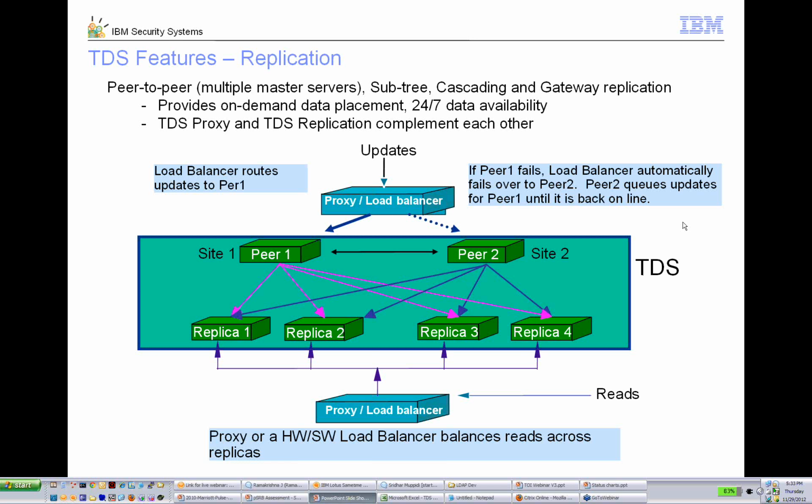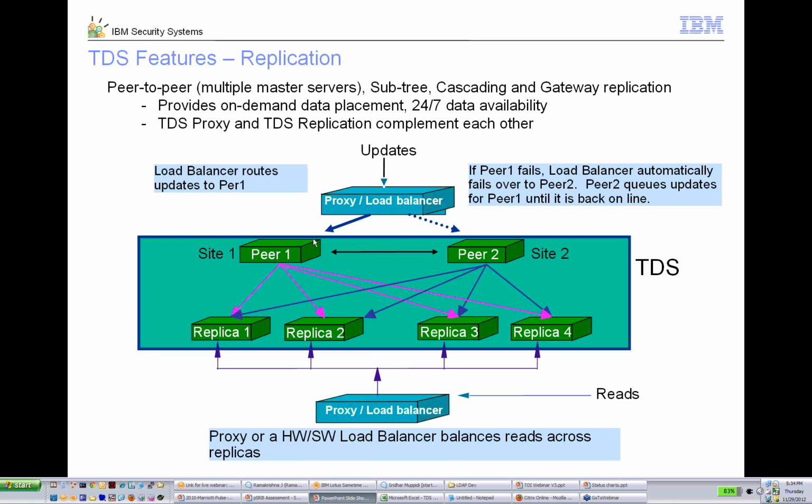And how the request would be handled is, external updates coming to the directory would come to some kind of load balancer, which could be a TDS proxy as well, and that load balancer would route the update to one of the peer servers.